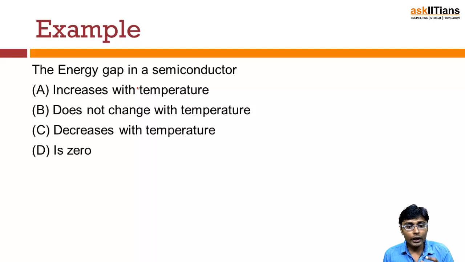If the temperature increases, effectively the energy band gap, that is, the amount of energy required for conduction, will decrease. So when the temperature increases, this band gap will decrease, because more electrons become available for the conductivity of that material. So the energy gap will be reduced. Fine.